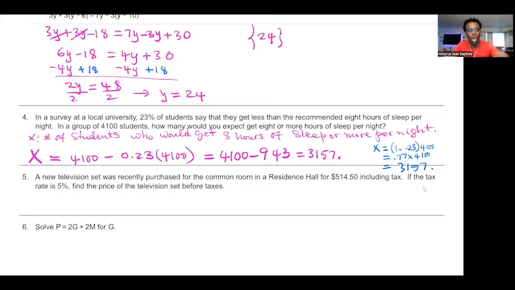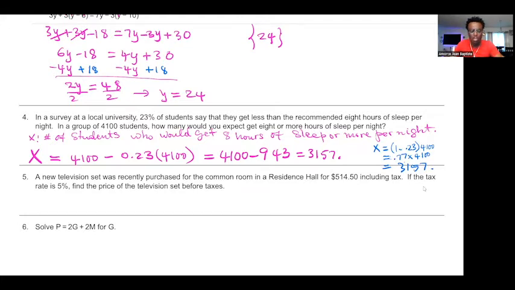Okay, so call the variable X based on the question they ask you. Your variable is always going to be the question they ask you. They say, how many students would you expect to get 8 hours or more hours of sleep per night?